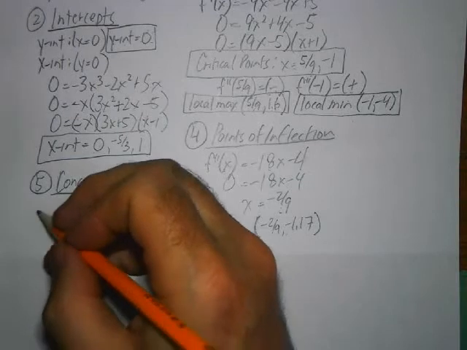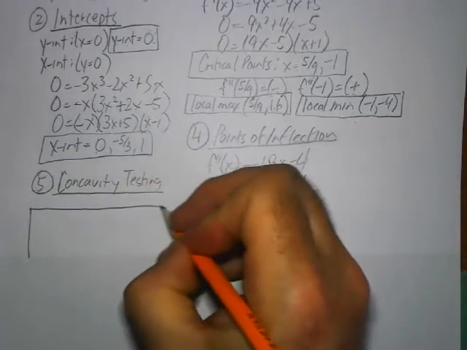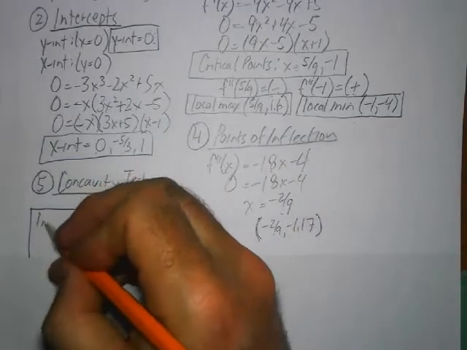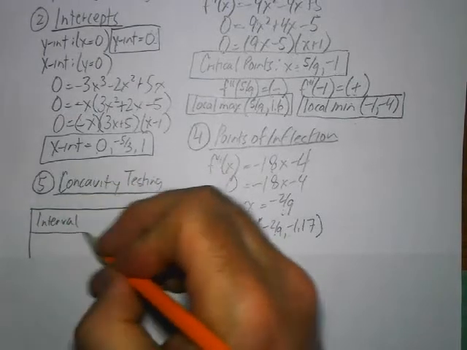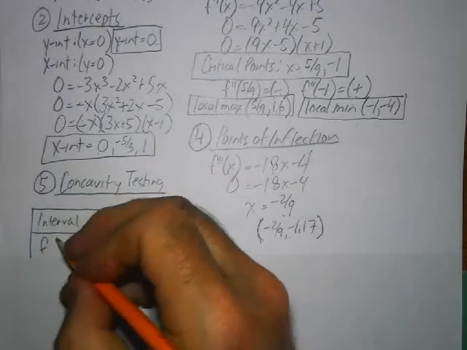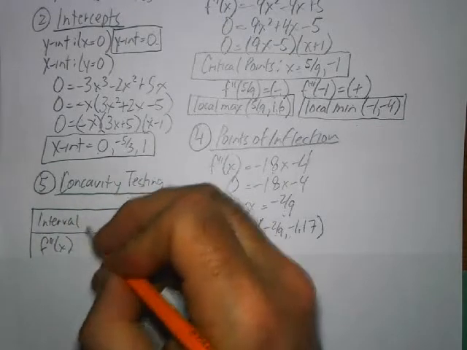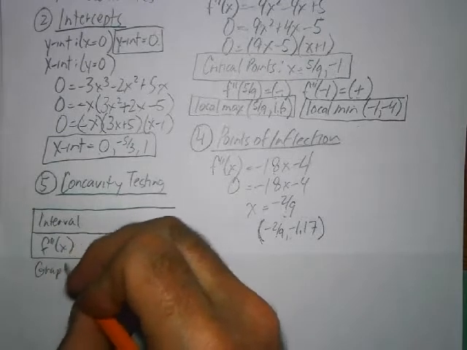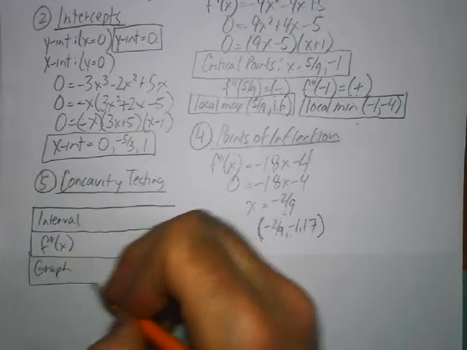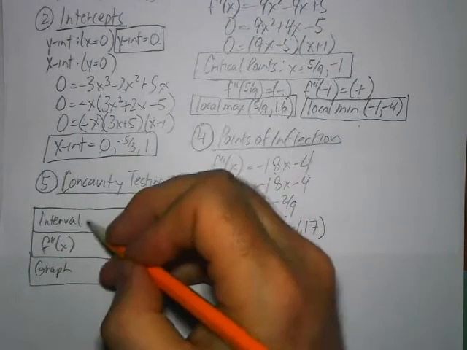So I'm going to make my table here. I'm going to have interval, second derivative, and here I'm just looking for the sign of the second derivative and then what the graph looks like. So fairly straightforward.